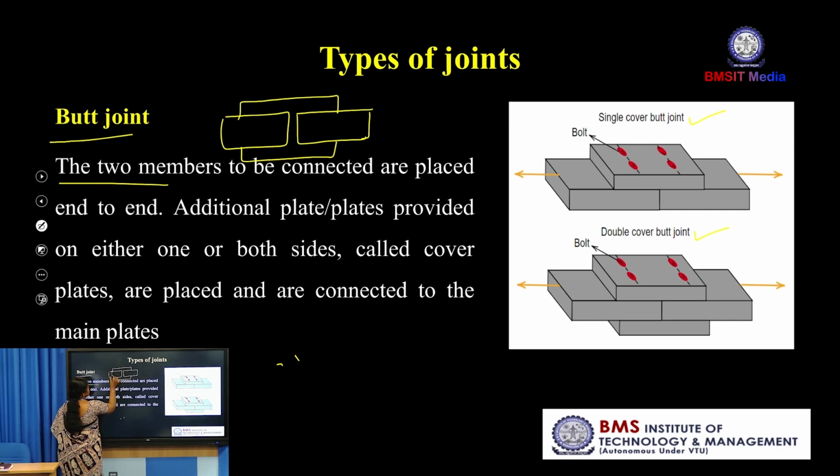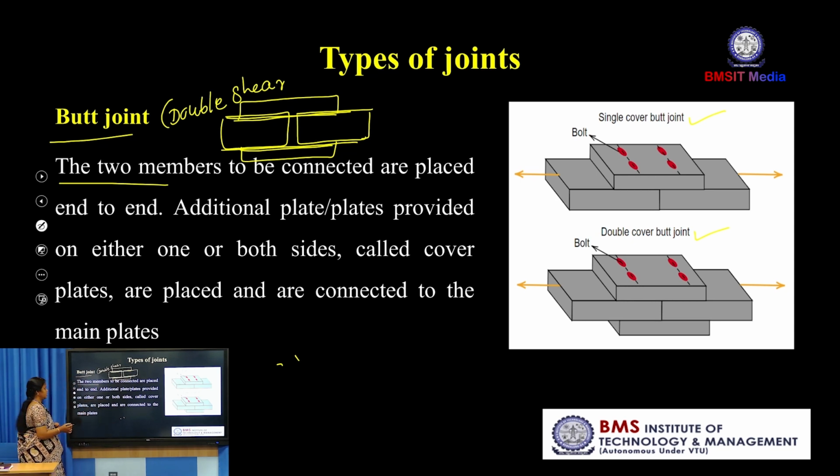Here two contact surfaces are there. One is this one, another one is this one. So, here this is subjected to double shear, two shear planes. This is one shear plane and this is another shear plane, double shear. The single cover butt joint is subjected to single shear, because only one shear plane is there.